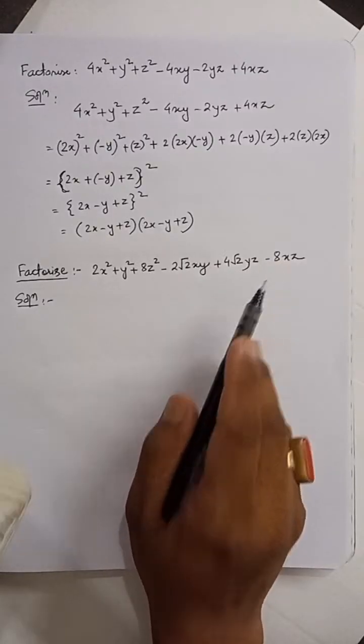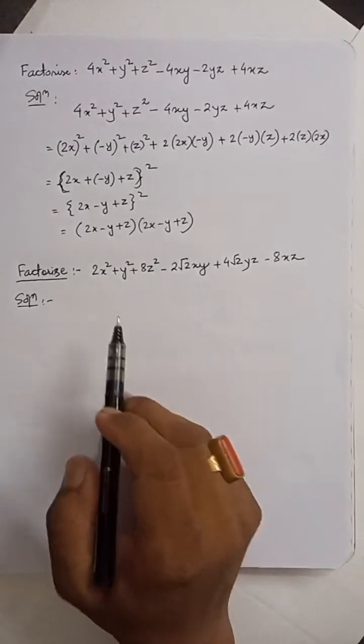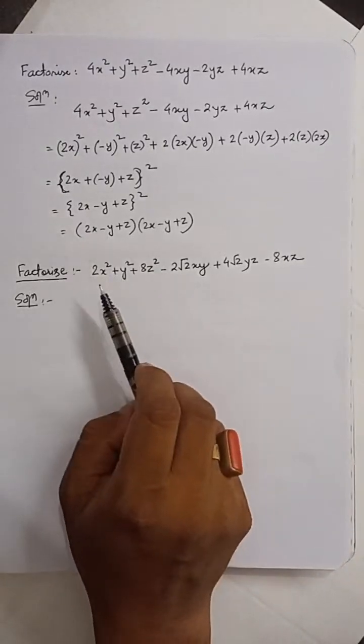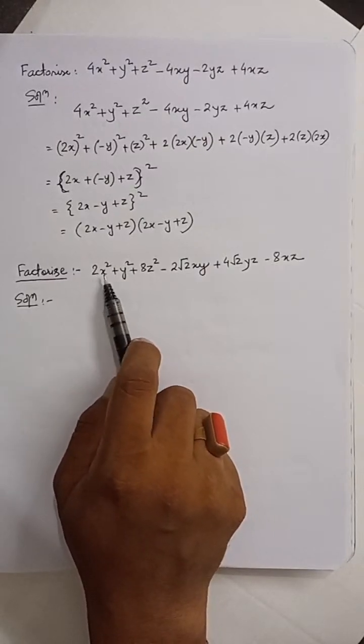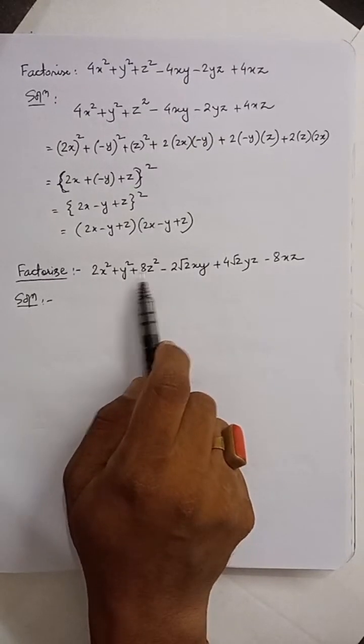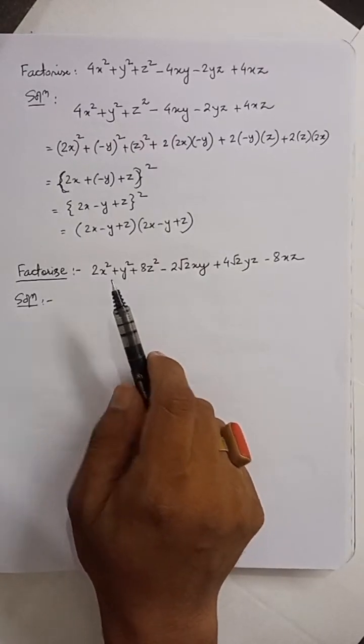Okay, great. Now why I told that this question is interesting, because unlike the other questions, we do not have perfect square terms. See, we have 2x square, y square and 8z square. Neither 2 is a perfect square nor 8 is a perfect square. So we'll come to that later on.